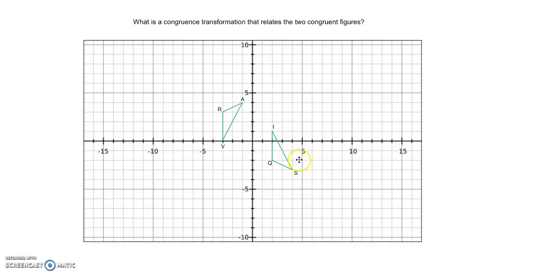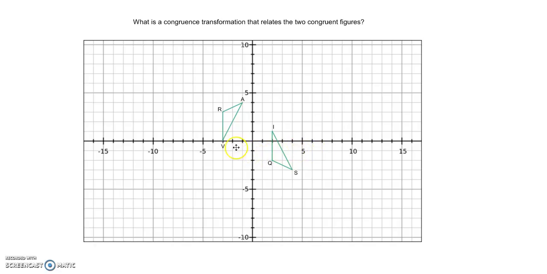I think initially what someone looking at this should notice is that at some point we need to flip IQS, we need to reflect it across itself, right, so that they're both facing the same direction. Let's actually just do that first. I would say my first step would probably be to flip it, because that's what I think needs to be done immediately.